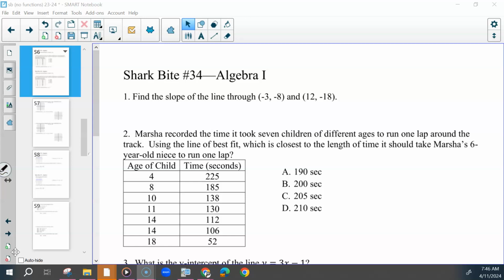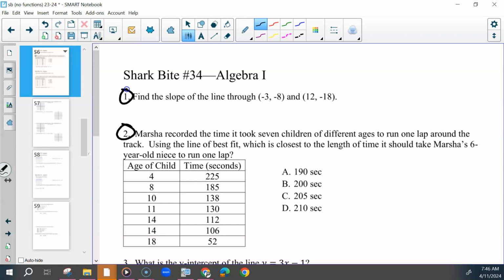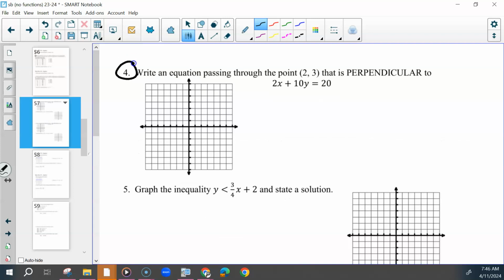Oh yeah, great. No, I meant 2. Okay, we're doing 2 anyway. Yeah. 1 can be done in Desmos, so can 2, and then number 4 can also be done in Desmos.